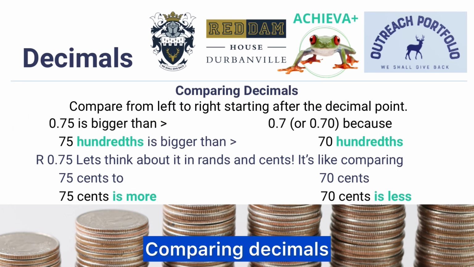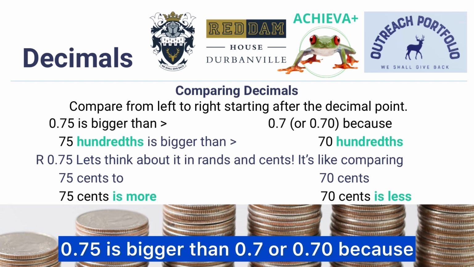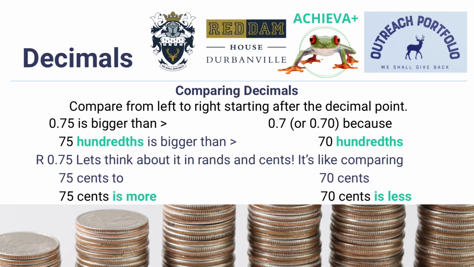Comparing decimals. Compare from left to right, starting after the decimal point. 0.75 is bigger than 0.7 or 0.70 because 75 hundredths is bigger than 70 hundredths.